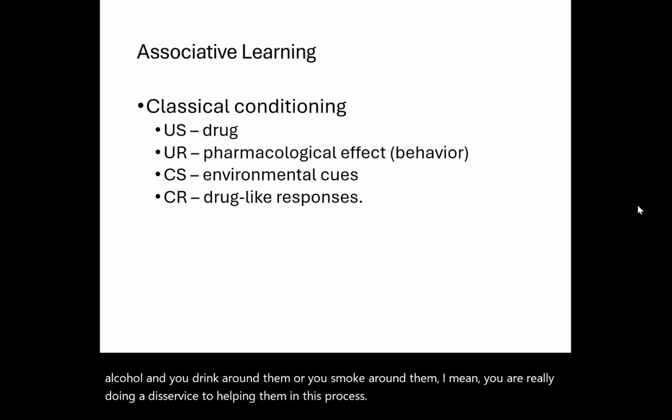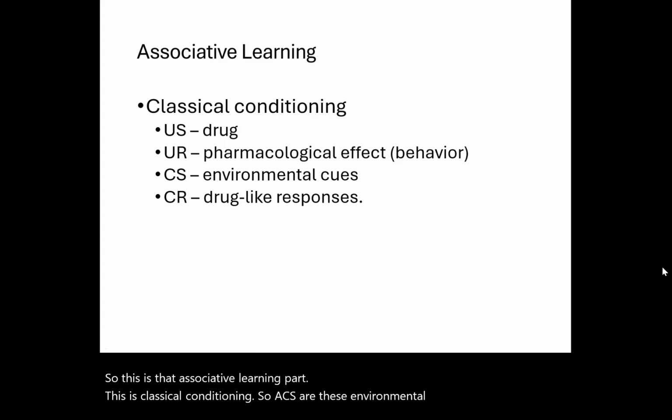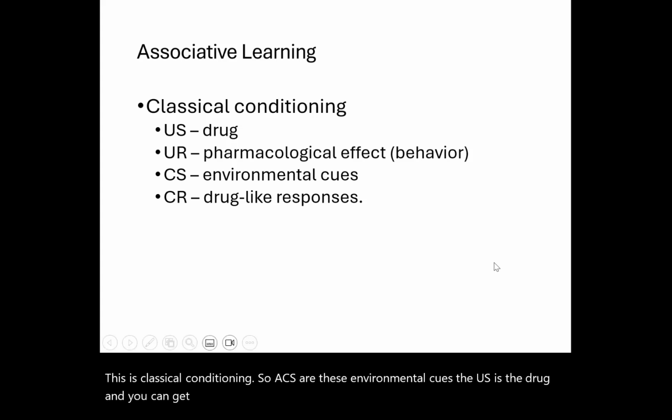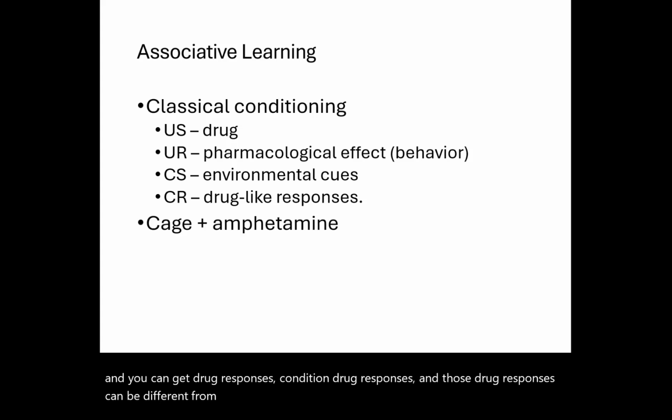So this is that associative learning part. This is classical conditioning. So the CS are these environmental cues. The US is the drug. And you can get drug responses, conditioned drug responses. And those drug responses can be different from the unconditioned response.